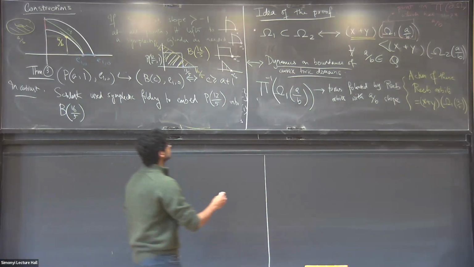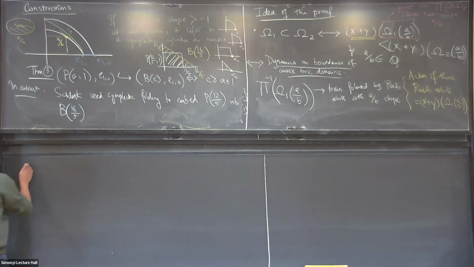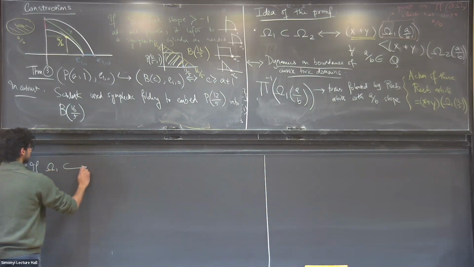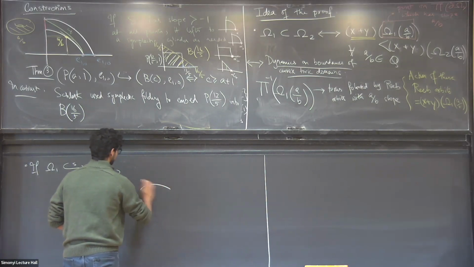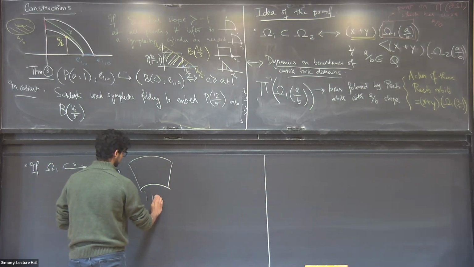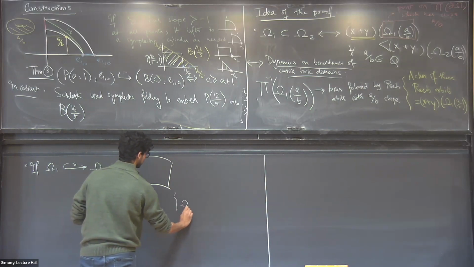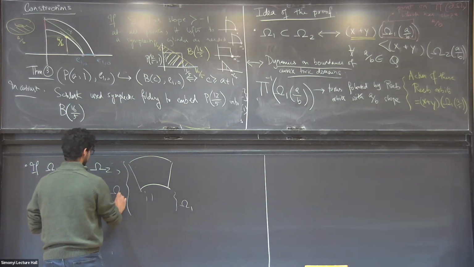The idea will be: if omega 1 symplectically embeds inside omega 2, this is omega 1, omega 2.